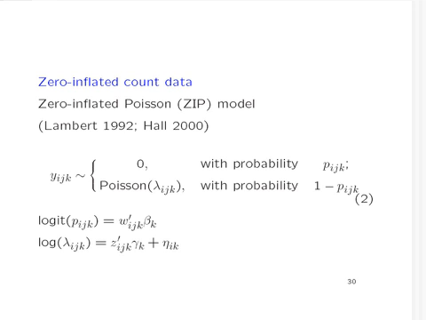A few quick notes too: on the logistic part of the model, the logit there, and the log, I actually have two separate sets of predictors. You can have the same set of predictors in both parts of the model, or you can have different sets of predictors. It's just on theoretical grounds what you think is reasonable.